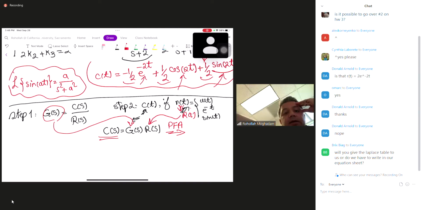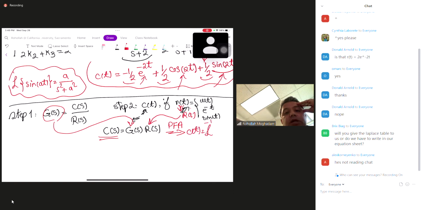And then find C of t as the inverse Laplace transform of C of S. This is what you need to do in order to get the correct answer.